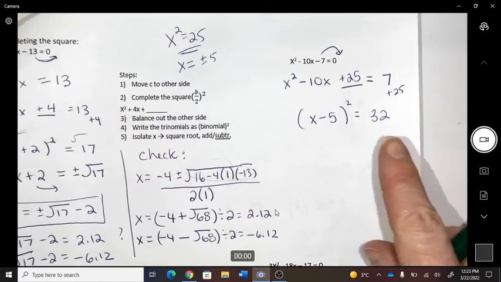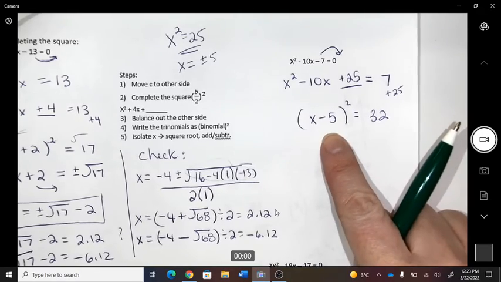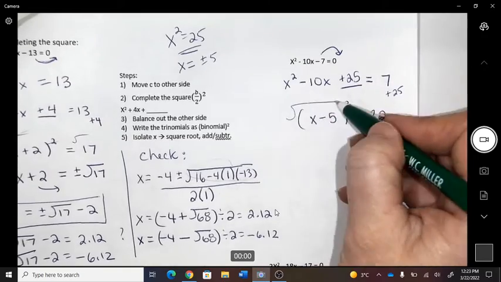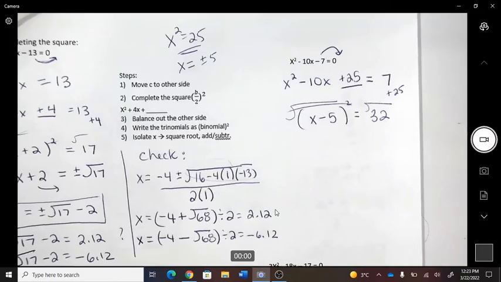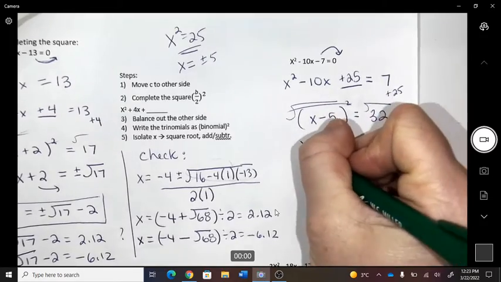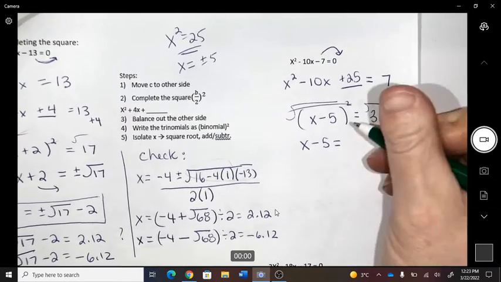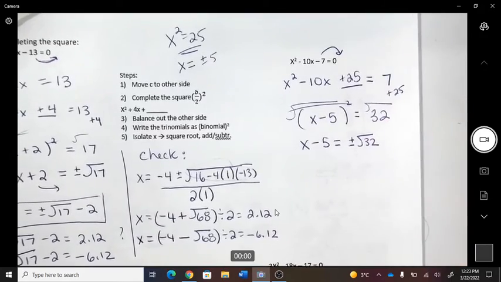Do you understand why I have to square root before I add 5? Because the 5's stuck in there. I can't get rid of it until this is gone. So square root gets rid of the square, leaving just x minus 5. You can't forget, or you'll lose half a point, that it could be a plus or minus.